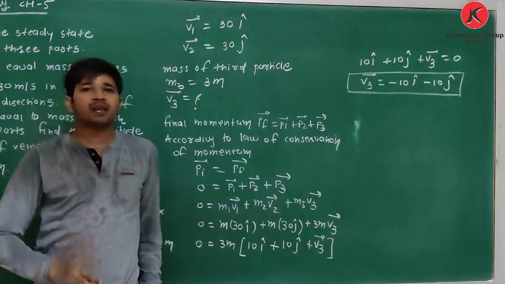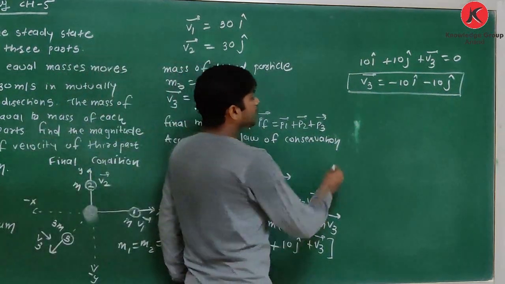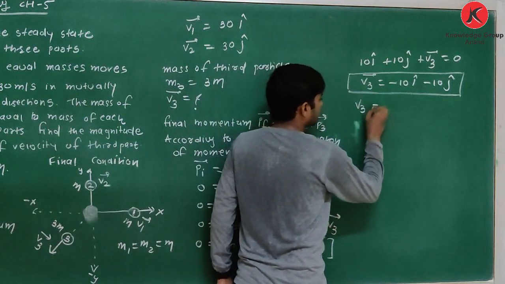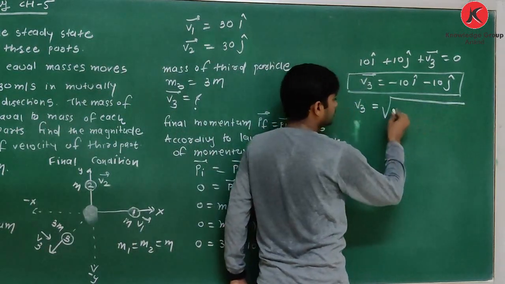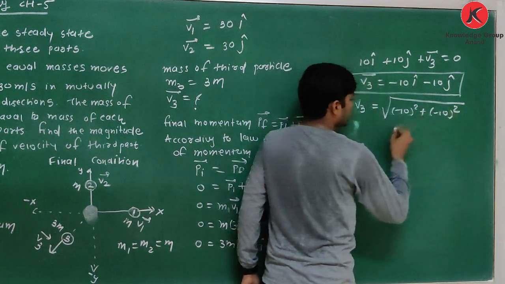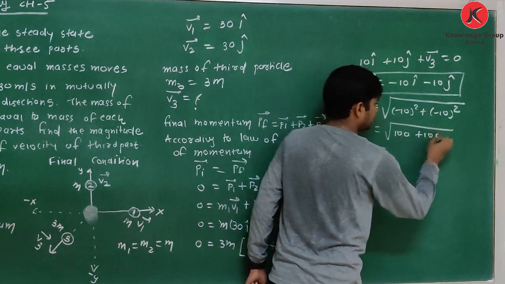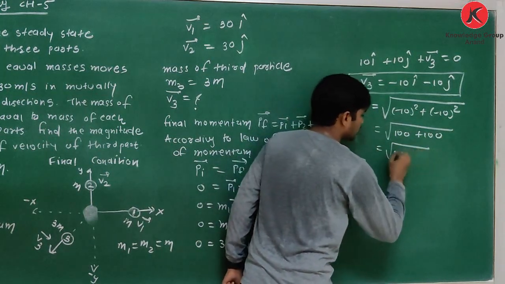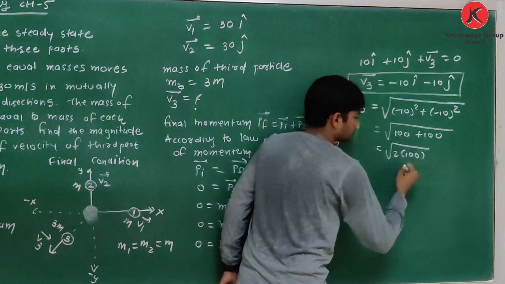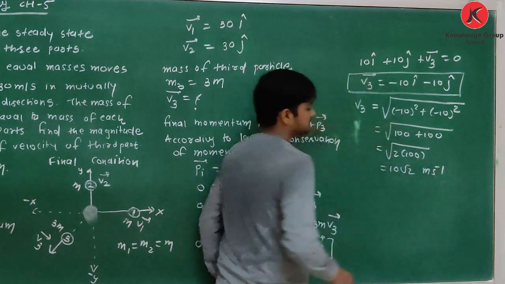Now we have to find its magnitude and direction. How to find magnitude? You know how to find magnitude of v3: minus 10 square plus minus 10 square, which is 100 plus 100, so it is under root 2 times 100, which is 10 root 2 meter per second.